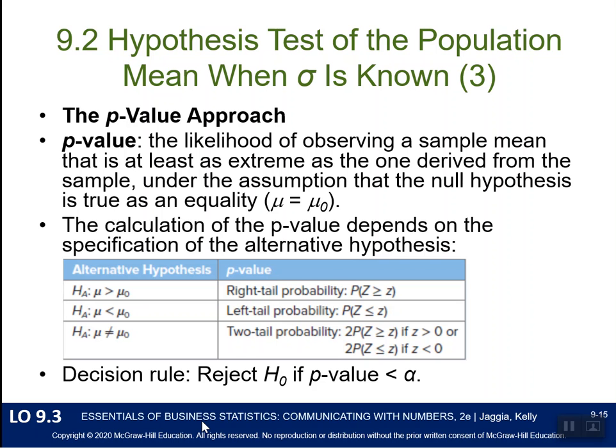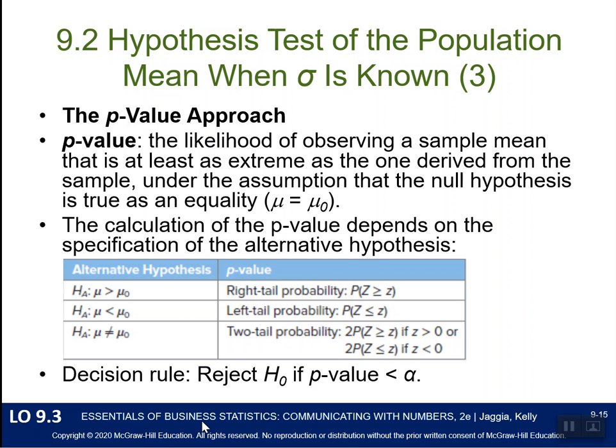Typically we'll compute p-values at 1%, 5%, or 10%, which means we're using a significance level of 1%, 5%, or 10%.